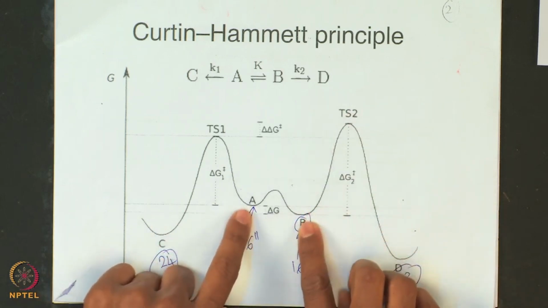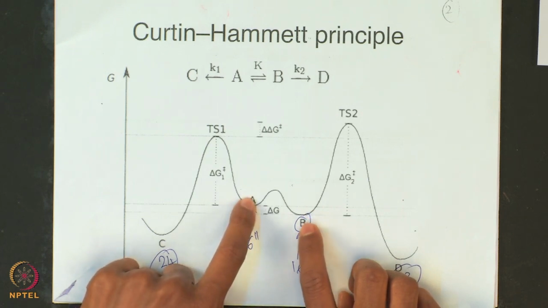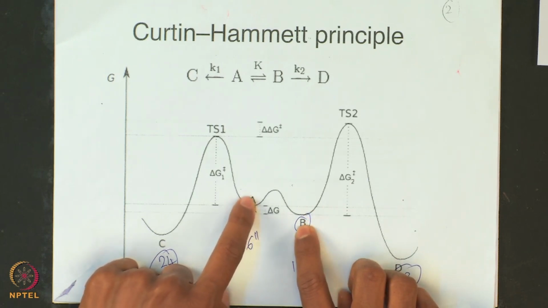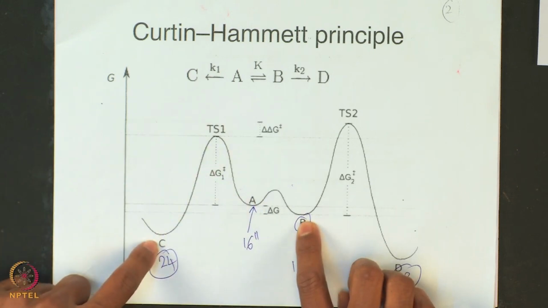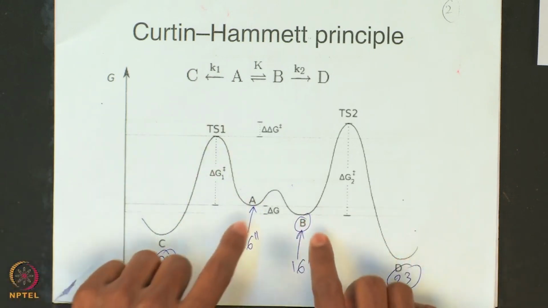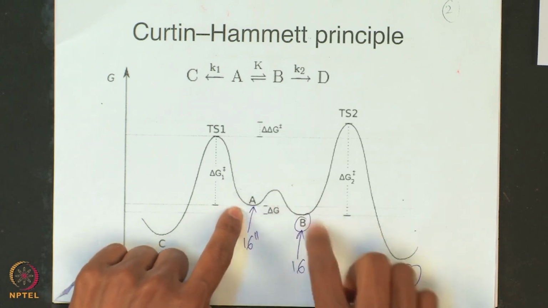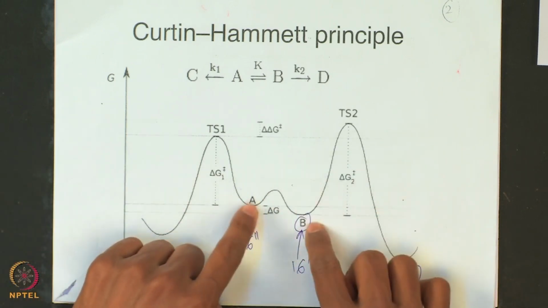So, in this reaction mixture, although A is having higher energy, B is having lower energy, overall the product formation actually is going to be C, not D. That is because if A and B are interconvertible, they can be formed in equilibrium.